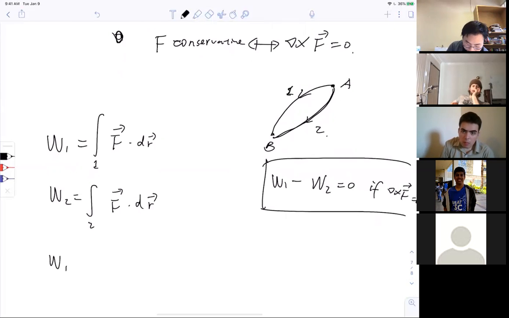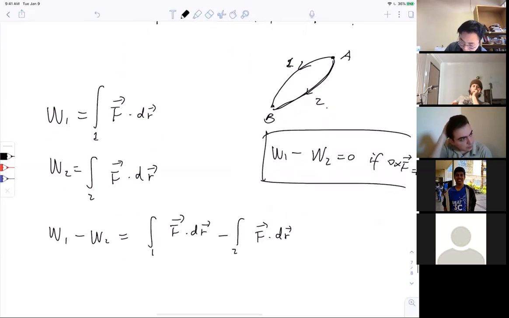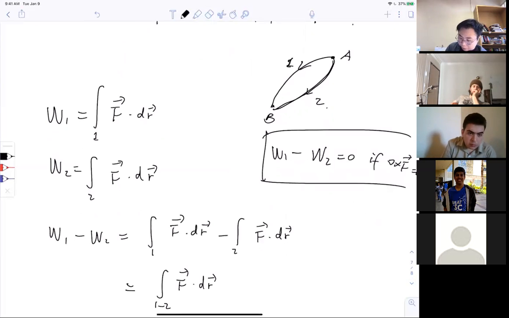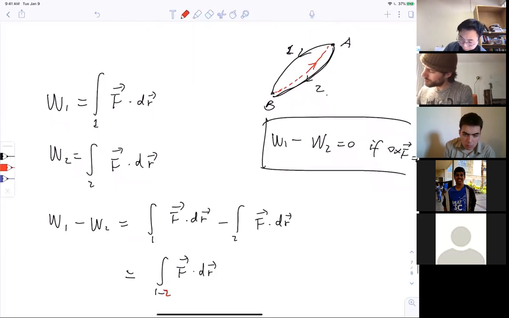And to prove that it's easy, it's just F dot dr along 1 minus 2. And so you can combine the integral region. This is 1 minus 2, right? So 1 minus 2, minus sign meaning that we just need to reverse the direction of the integral. So originally for this 2 it's from A to B, now it becomes B to A, right? So 1 minus 2 becomes a loop.